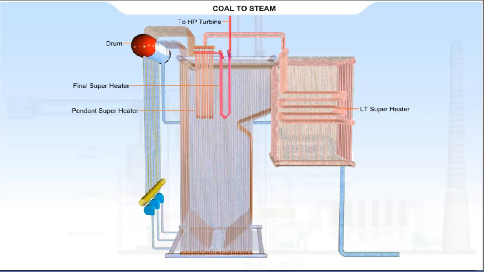For a 500 megawatt turbine, we require steam flow of nearly 1530 tons per hour at a pressure of nearly 170 kilograms per square centimeter and a temperature of 540 degrees Celsius.